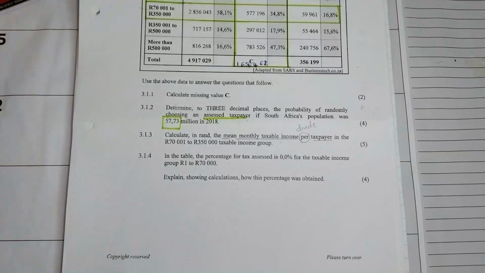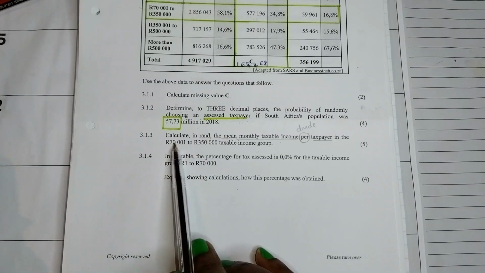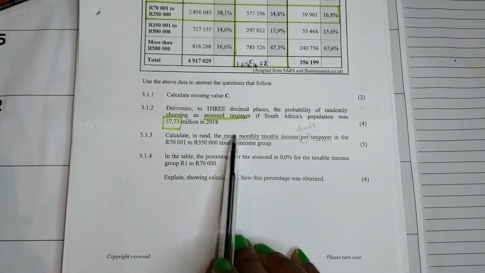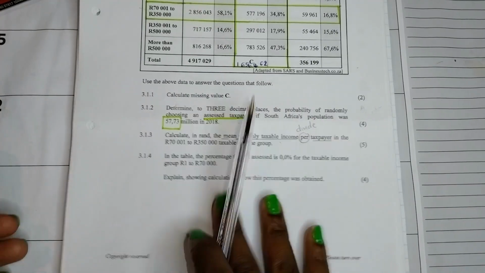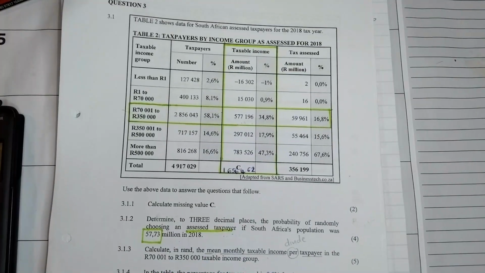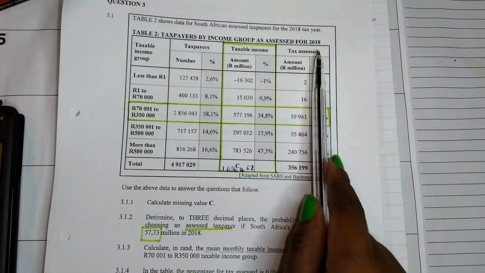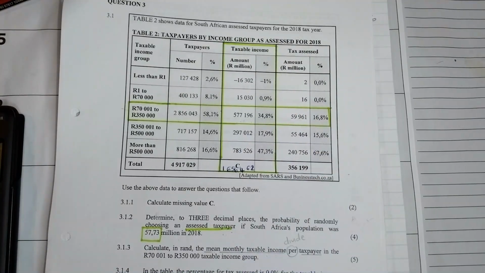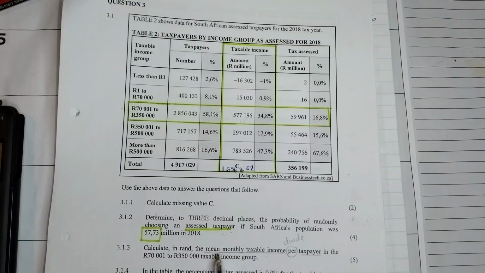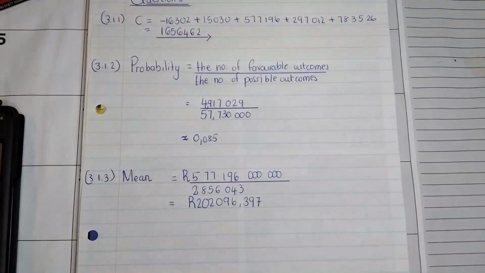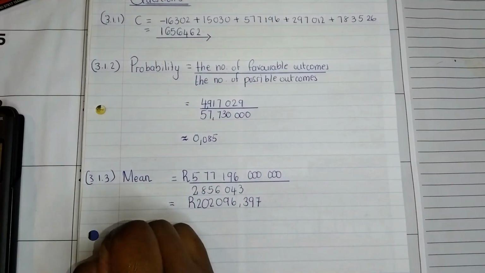But then we are not done. It says calculate in rand the mean monthly. So what we have here is just the mean for the year of 2018. So how do we get the mean for the month? We need to take this value that we got and divide that value by 12.